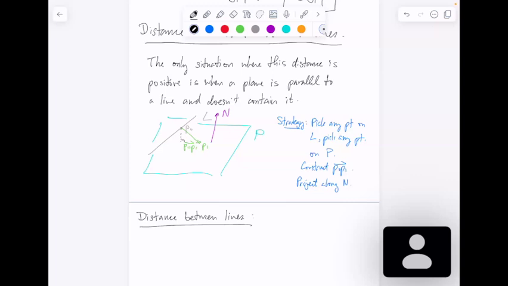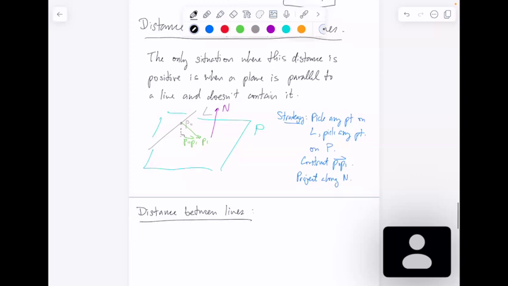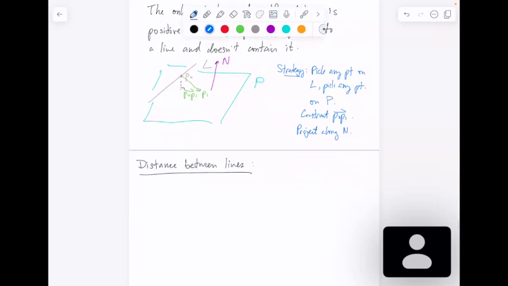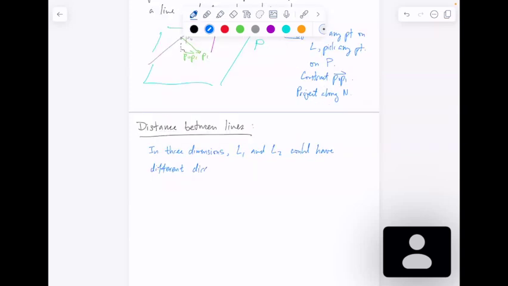If direction vectors are different, then it's possible for them to not have an intersection, right? So they could have different direction vectors and not intersect.